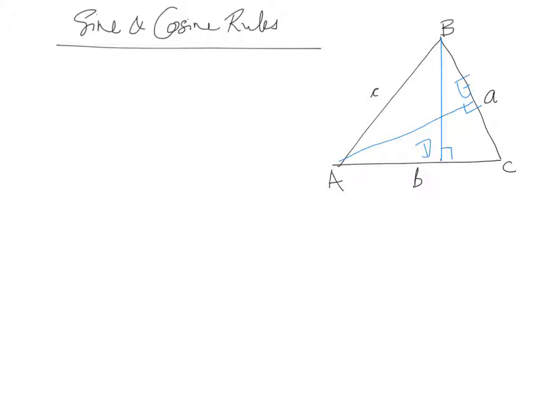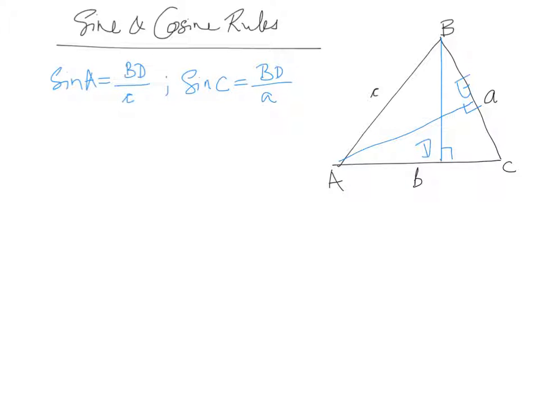Now in the right triangle ADB, we can write the sine of angle A as the ratio of side BD divided by the side AB, which is the length c. And in the right triangle CDB, we can express sine of angle C as the ratio of BD to BC, which is length a.